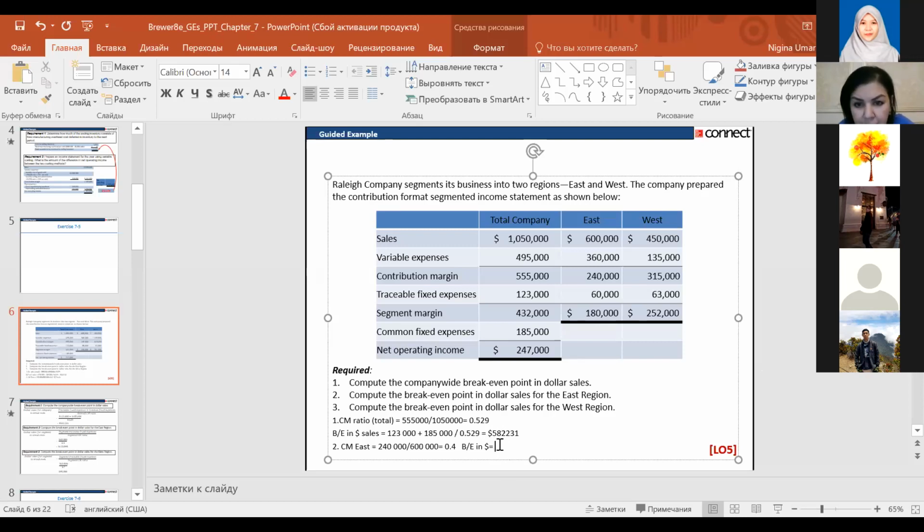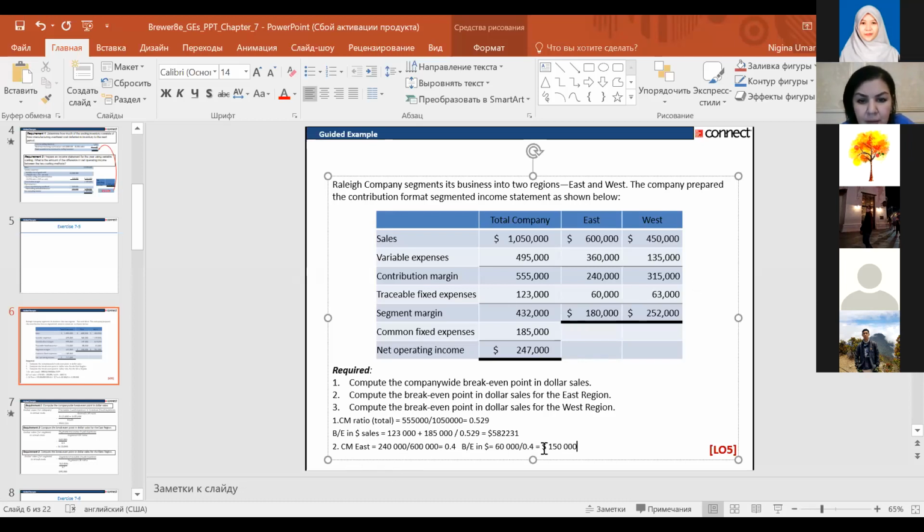What is the fixed cost for East? 60,000. Yes, very good. We divide by the 0.4 contribution margin ratio. And what is that amount in dollars? 150,000. Yes, 150,000. Very good.